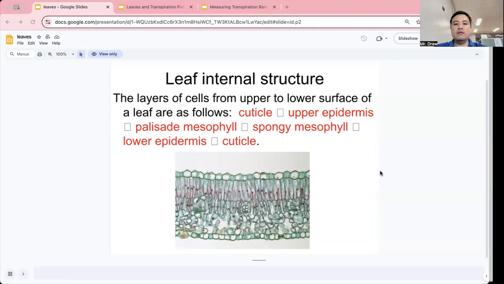Palisade mesophyll, packed with chloroplast for photosynthesis. Spongy mesophyll, loosely arranged for gas diffusion. And lower epidermis contains stomata for gas exchange. And then it is covered again with cuticle. This is another protective layer at the bottom. So each layer has a specific role in maximizing photosynthesis and controlling water loss.